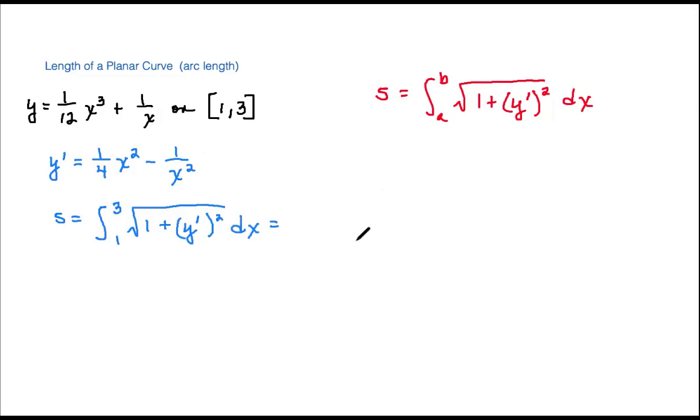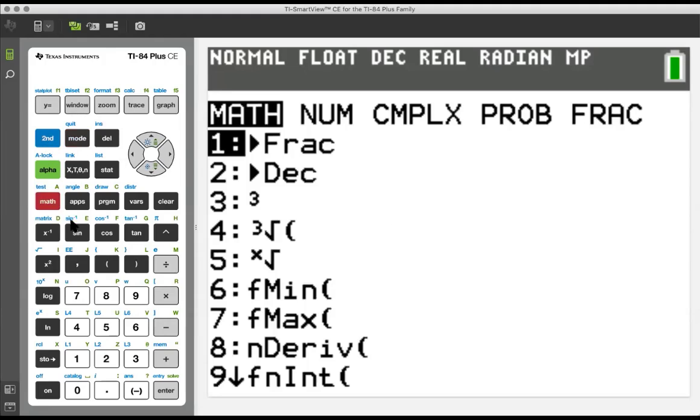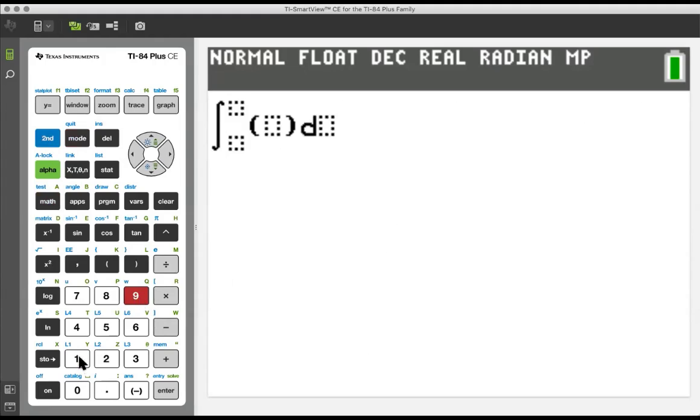So let's turn to our graphing calculator and we'll walk through what that looks like. If you bring up your blank home screen, we're going to do Math 9 for your integral, and we're doing the integral from 1 to 3 of the square root of 1 plus, now this is where we need the derivative that we found.